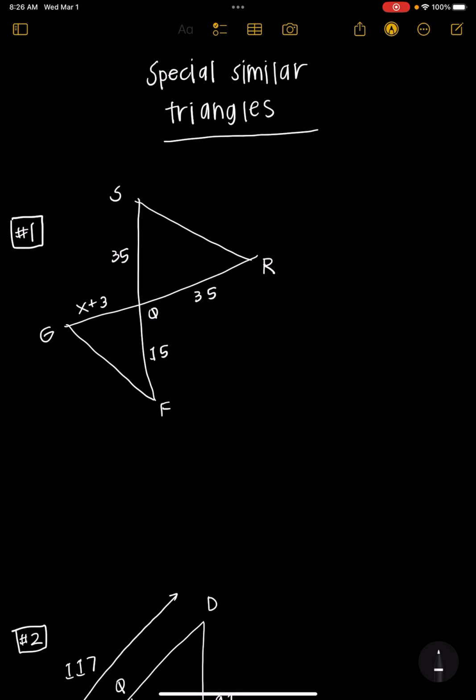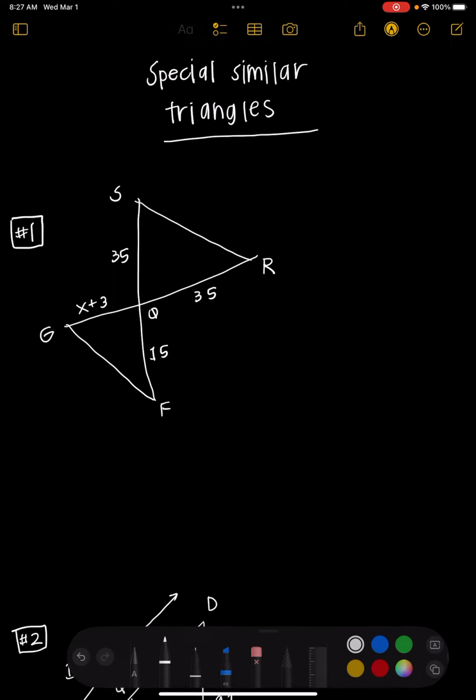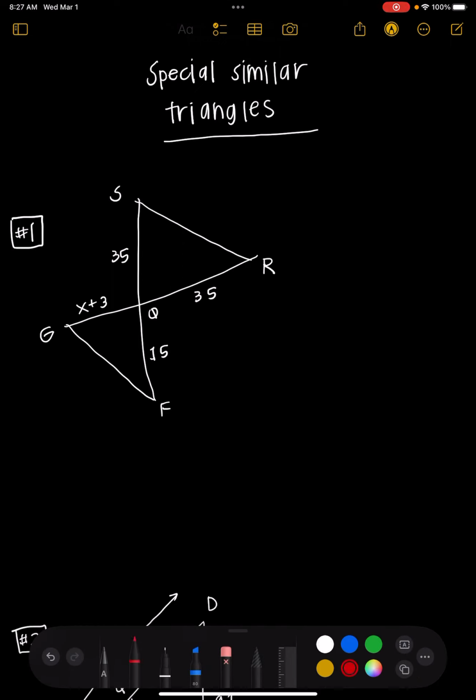The first example is these two triangles that are set right next to each other, and the goal is to solve for x. I know I'm not the best artist, but you can look at the picture on the example sheet. The easiest way to start these is to separate the two triangles, that way we can look at them and determine which sides are the similar sides.